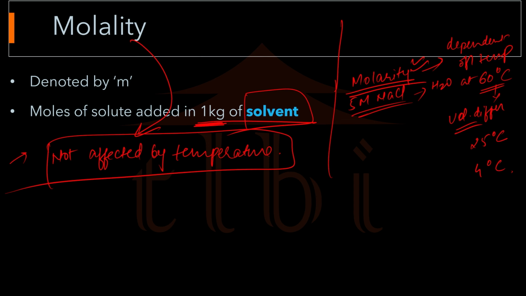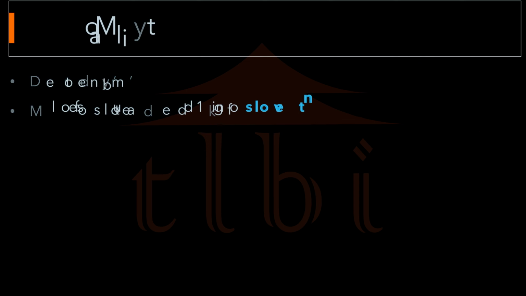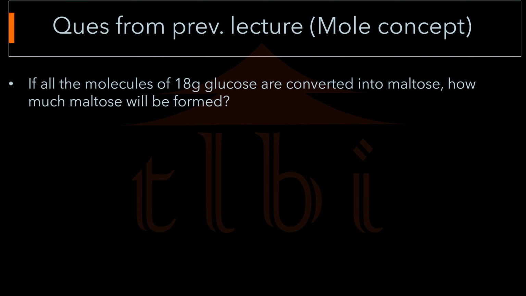Okay. So the question from the previous lecture, before we go on and talk about the questions for practice. If you have not read mole concept, you can quickly brush up your mole concepts in the previous lecture of the fundamental series. So the question which I had given earlier was, if all the molecules of 18 gram of glucose are converted into maltose, how much maltose will be formed?